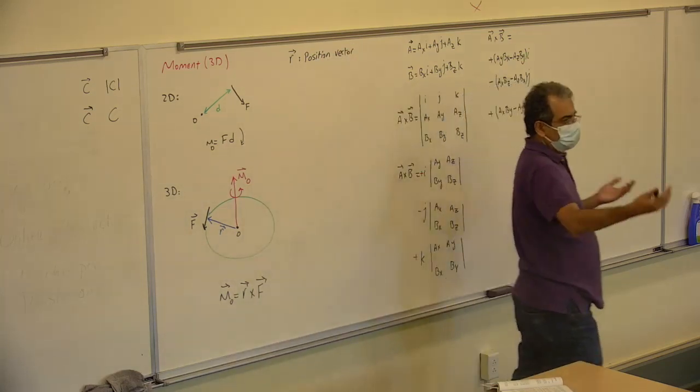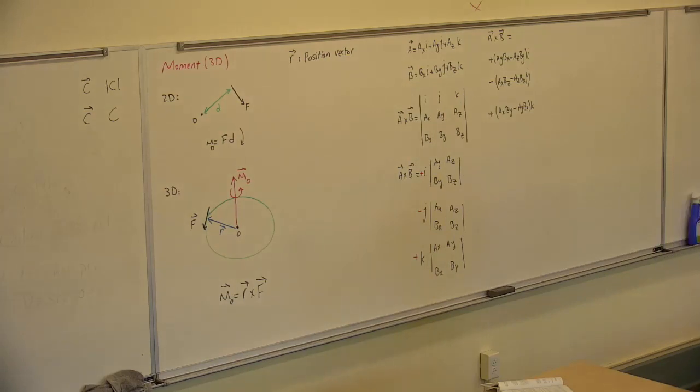When I want to choose R, where should it start and where should it end? It starts at O. But where on F? Should it be perpendicular, the tangent?